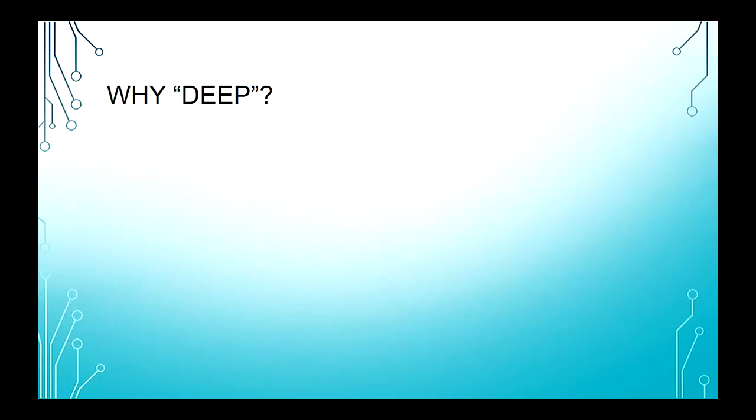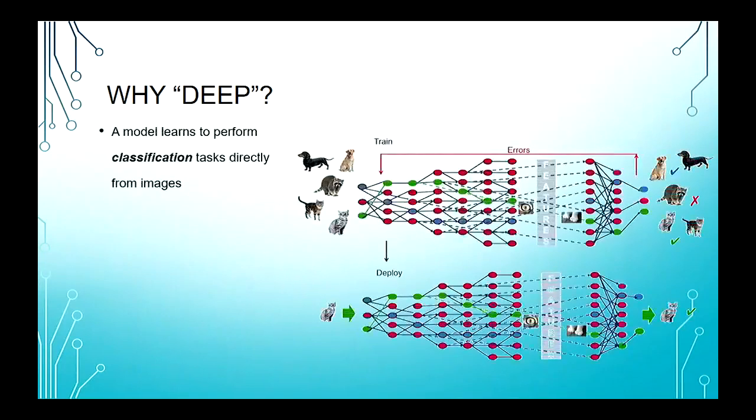So why do we call it deep? As I said, deep learning is about pattern recognition. Deep learning is a set of, as we call them, layers. Layers are essentially different convolutional algorithms. Each layer is trying to figure out a single pattern.